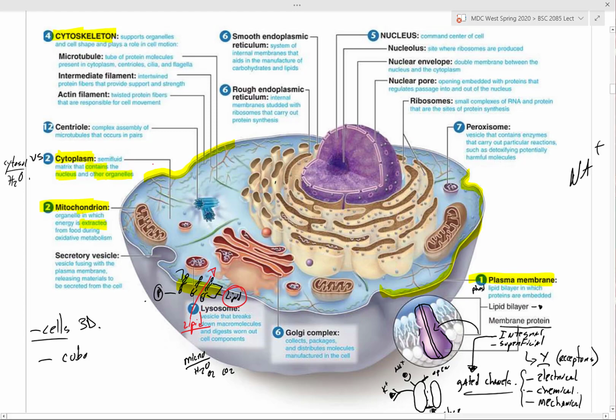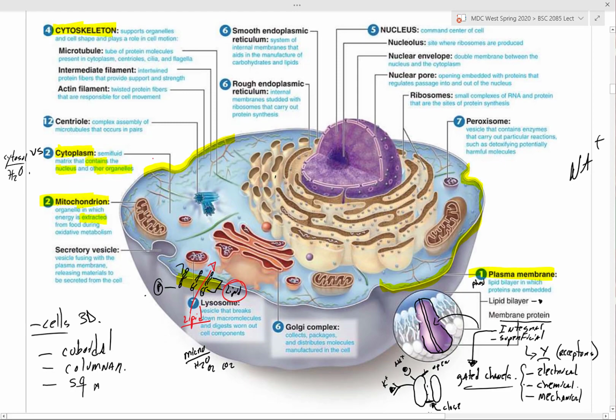Cuboidal. Columnar. One more. The one that looks like a fried egg. Squamous. Okay. So cuboidal, columnar, and squamous. All these are different type of cell shape.